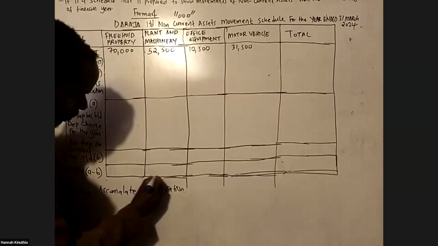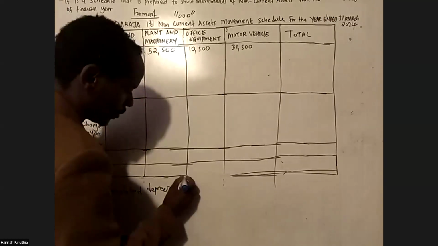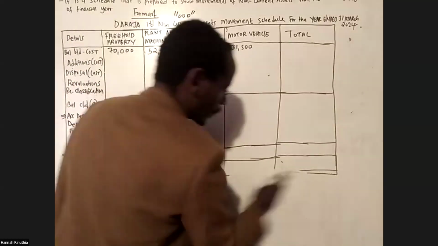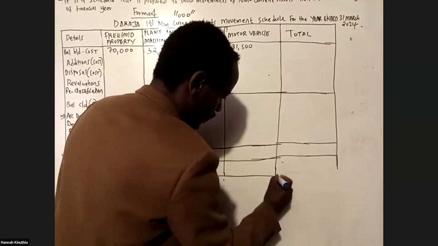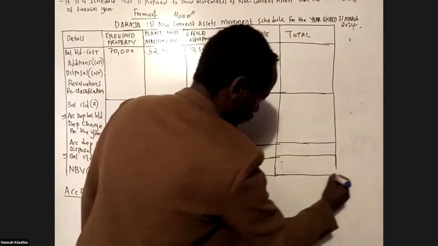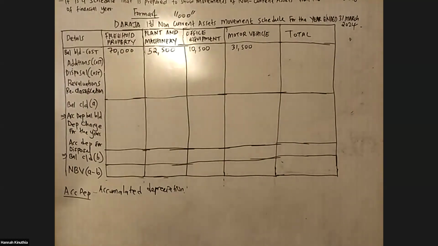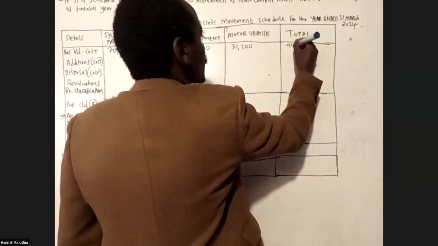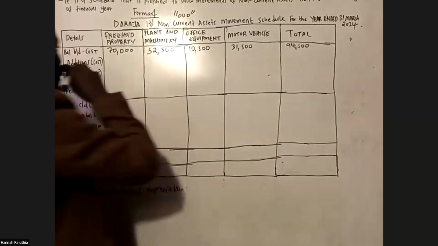Anasema 94,500. I don't know if that's correct.